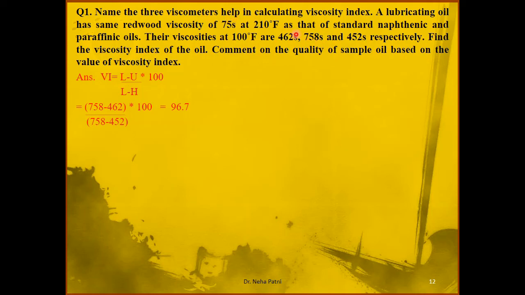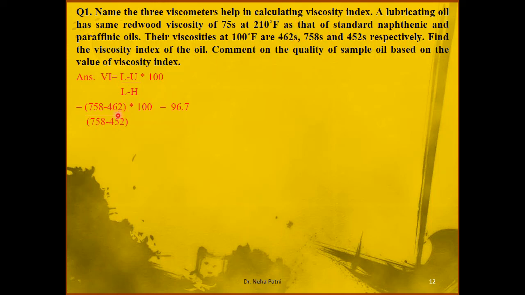So the viscosity is changing drastically here. So obviously this has to be a low quality oil. So we will call it L, 758 seconds. Now out of 462 and 452, this 452 is showing better variation in comparison to this one. So you may call it H because it's a high quality oil, 452. And in between you have your sample which is 462.